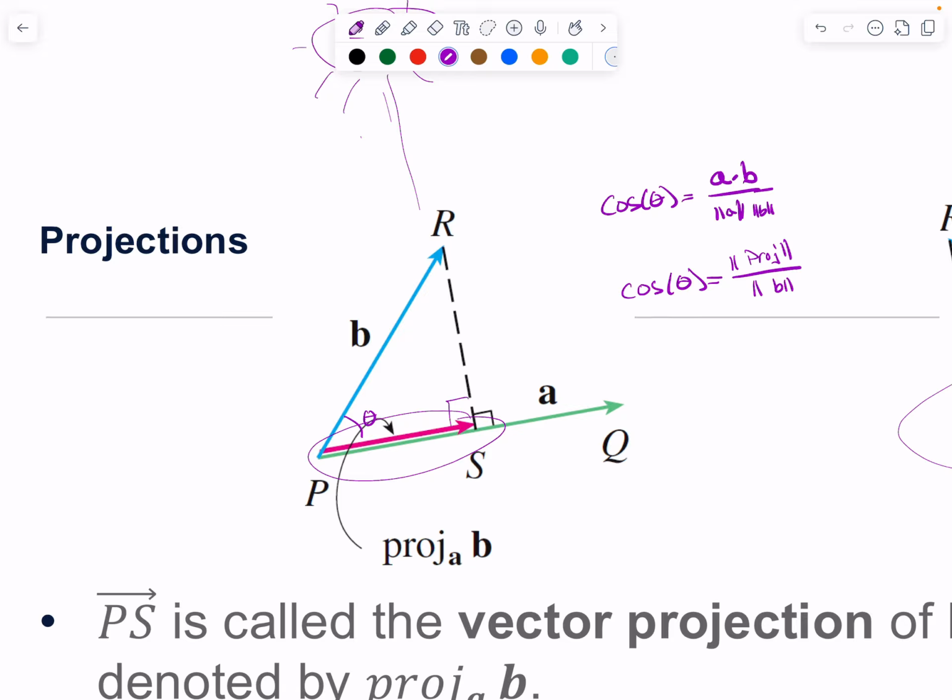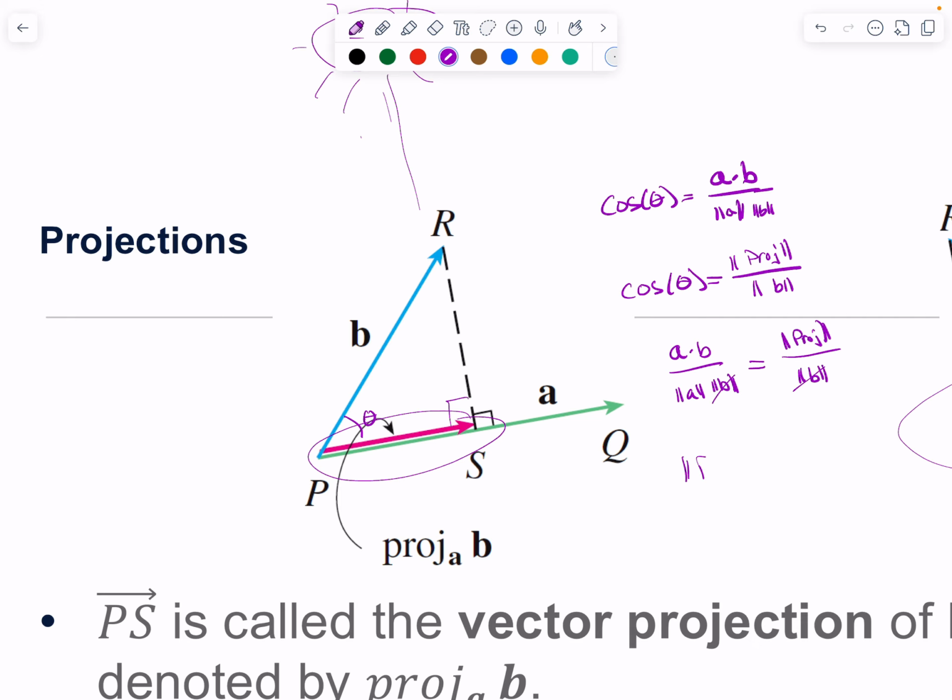Let's combine these two. You have that A dotted with B over the magnitude of A times the magnitude of B is equal to the magnitude of the projection over the magnitude of B. Let's cancel those.